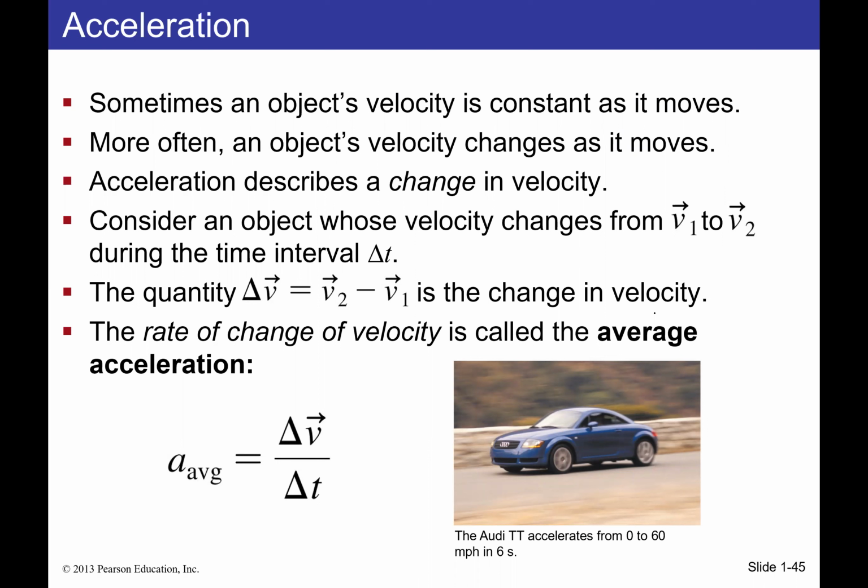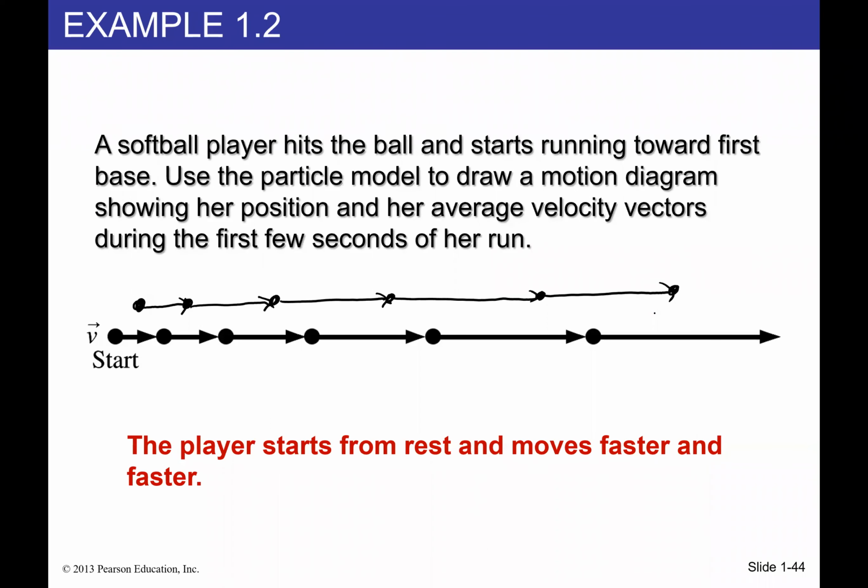So what if the object, for example, right? So we talk about the softball player. One of the things we see here is, actually, let's go back for a second. So let's say this is V0, V1, V2, V3, V4, V5. That means what we have is increasing velocity.